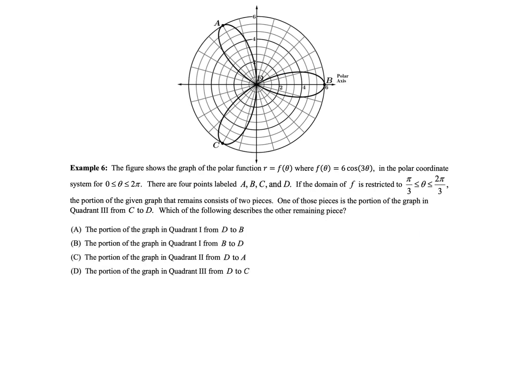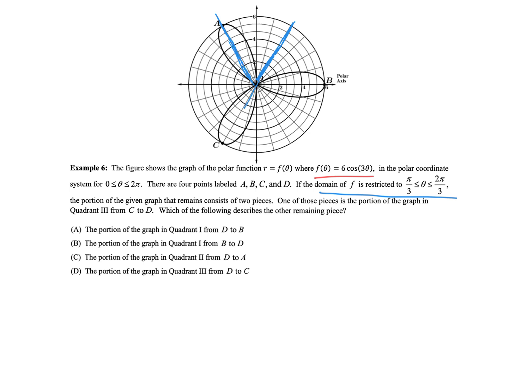So this figure shows 3 cosine of 3 theta. And then our domain is restricted to pi over 3 to 2 pi over 3. And so I need you to catch this part. So pi over 3 is right here. Agreed? And 2 pi over 3 is right here. Everybody good with that part?